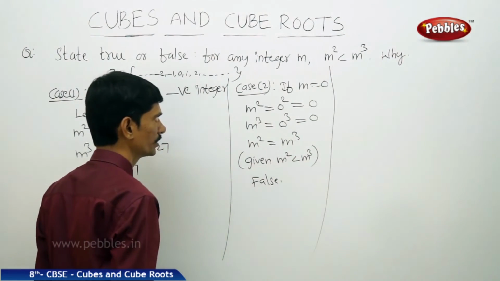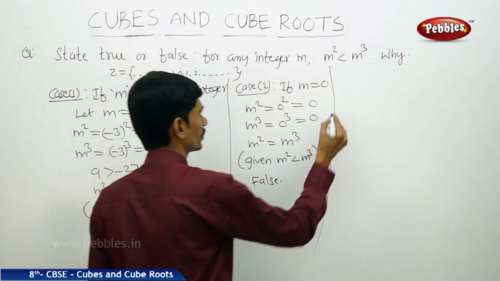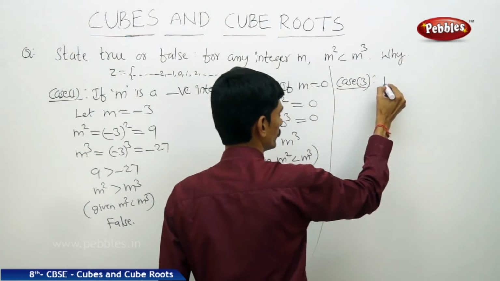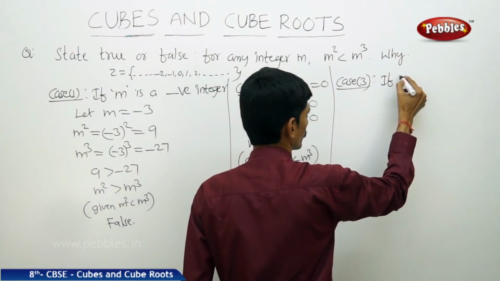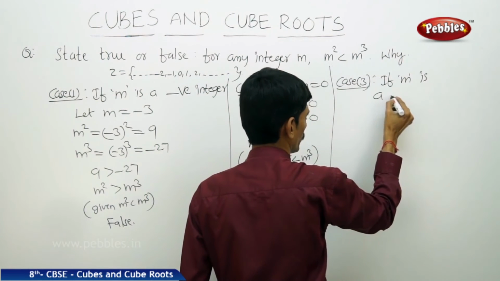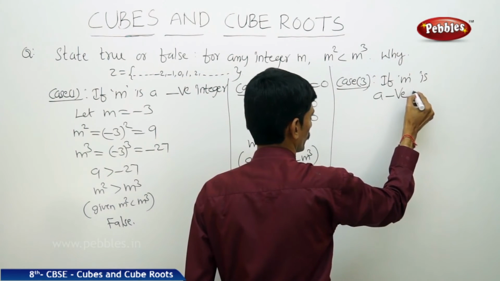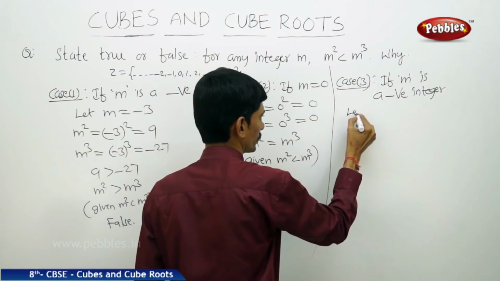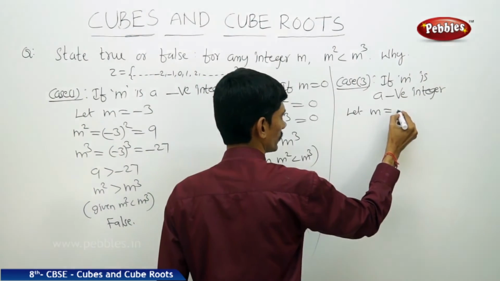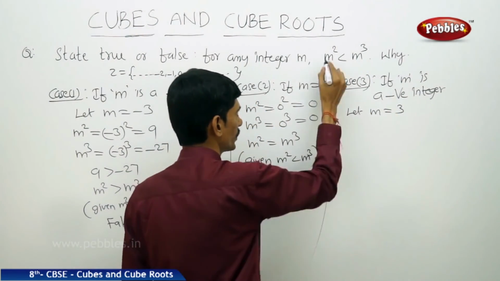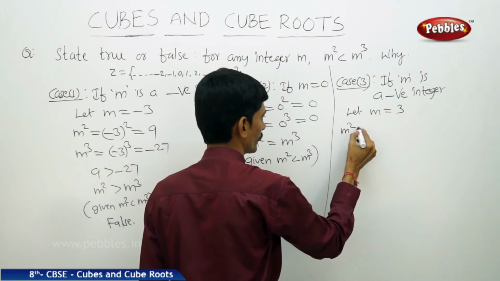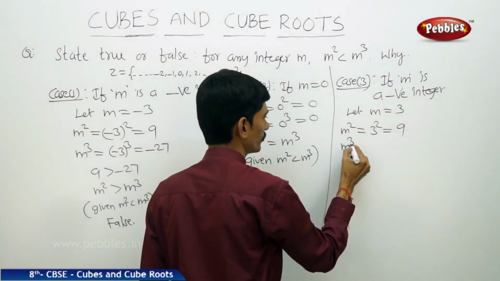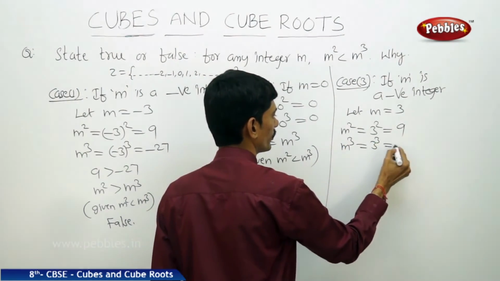Now let us check any positive integer. Case 3: if m is a positive integer, so let m equals 3. Now we will find the m square value. 3 square equals 9 and m cube value, 3 cube equals 27.